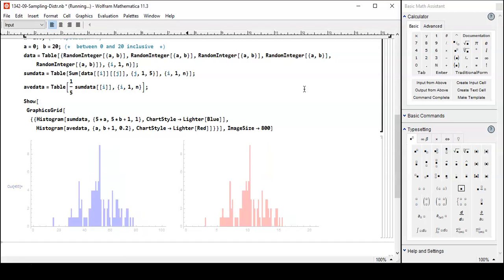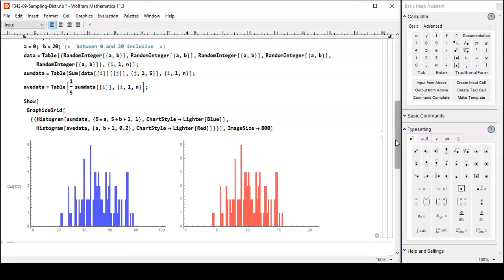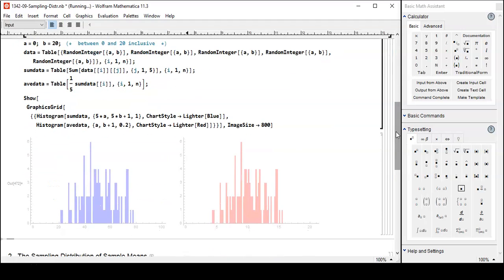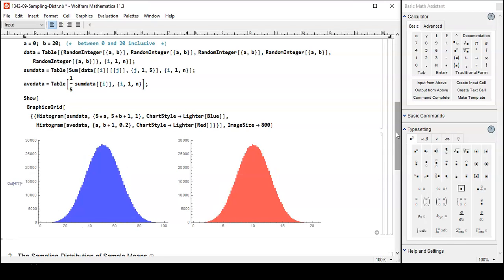Do you see any pattern formation? No, not really. So let's repeat this a million times. What do you get? Again, you're going to see a nice normal pattern. See? The sampling distribution of sample sums and the sampling distribution of sample means are identical, of course, because the only difference is scaling by dividing by 5.